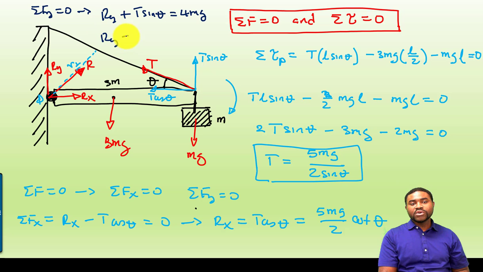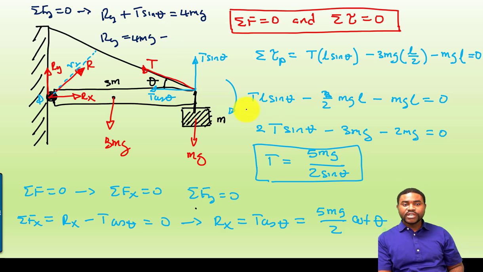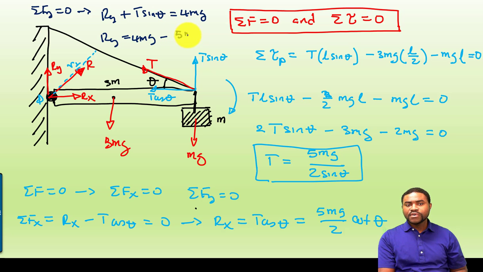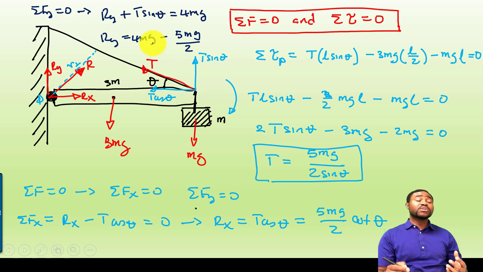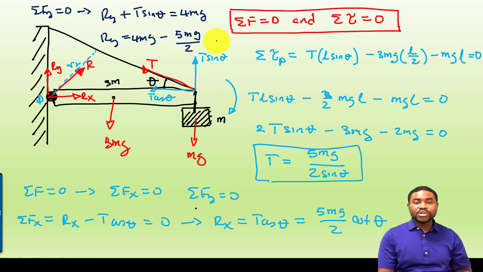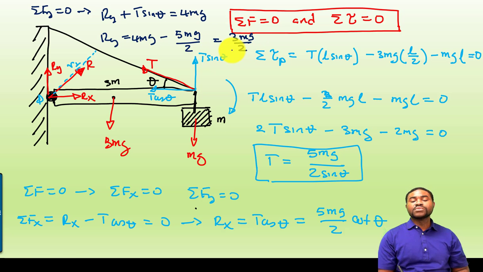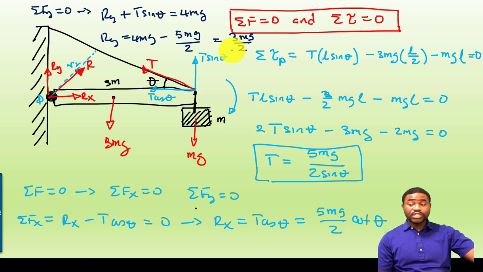Therefore, Ry will be equal to 4mg minus, if you put in T there, the sines will cancel, 5mg all divided by 2, and you can simplify, which will be 3mg over 2. That is the force in the y direction.